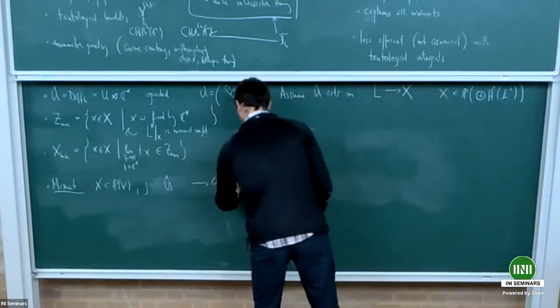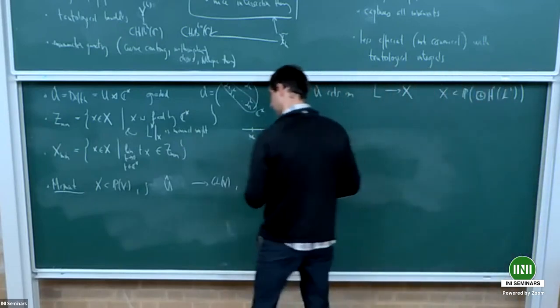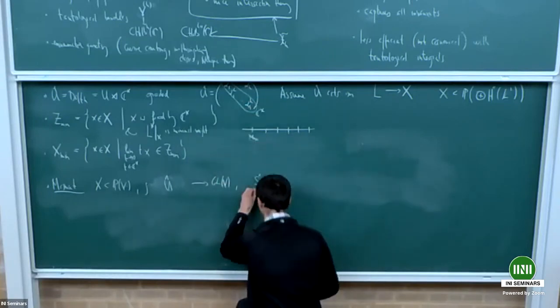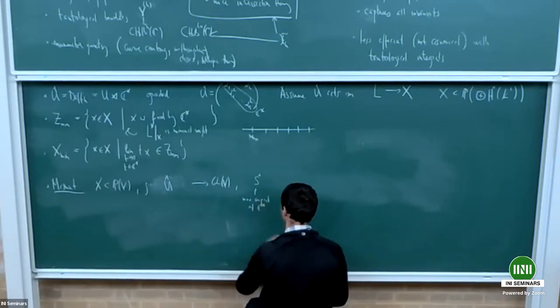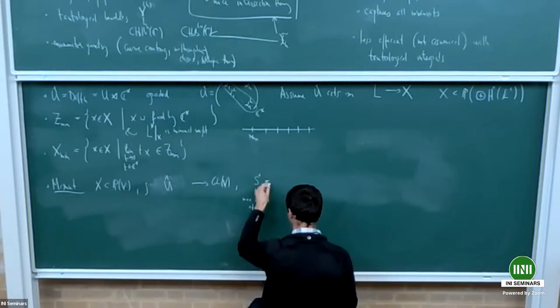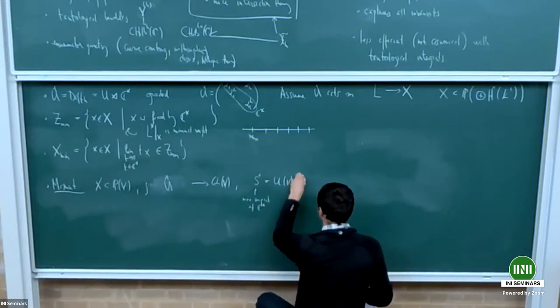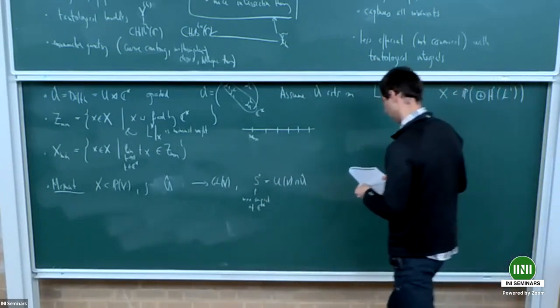But the point is that we would like this to be in such a way that there is this S1, which is the maximal compact subgroup of C star. This is actually equal to the maximal compact in GL, so it's U of V intersected with U hat. That's the maximal compact.